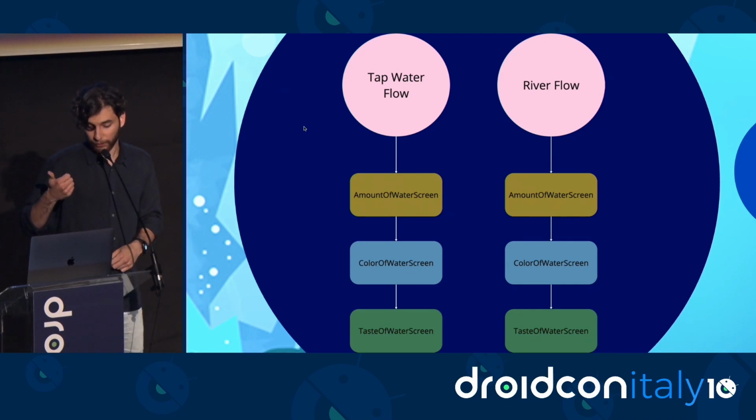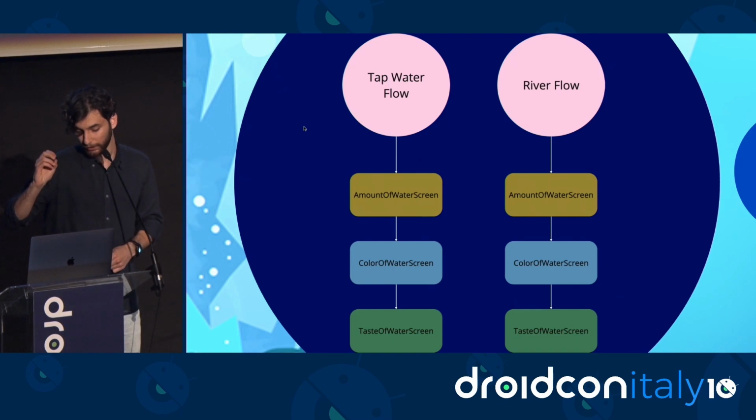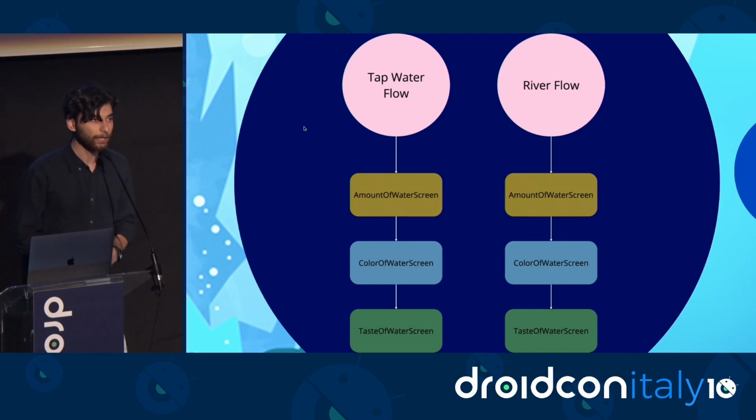And the river flow has the same: the amount of water screen, color of water screen, and also the taste of water screen. Having that, I was like, okay, maybe that's a good opportunity to use nested graphs, have one nested graph for each flow, and use one single composable in 2 nested graphs, avoiding duplication of code. I mean, having reusable code is always good.